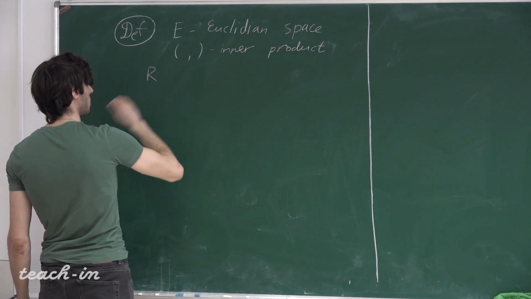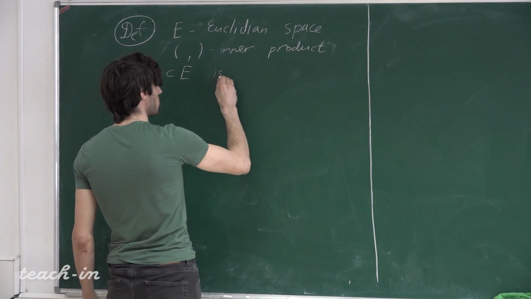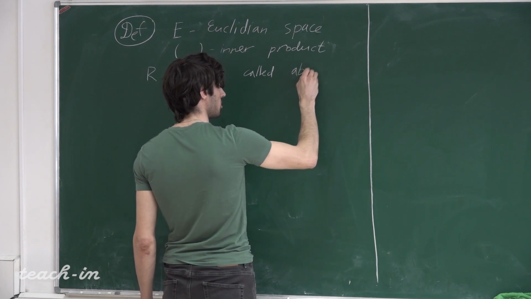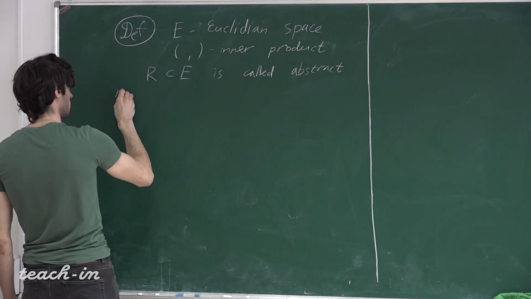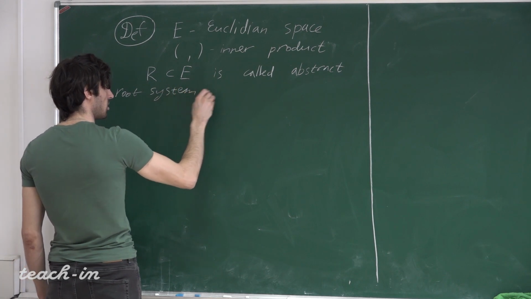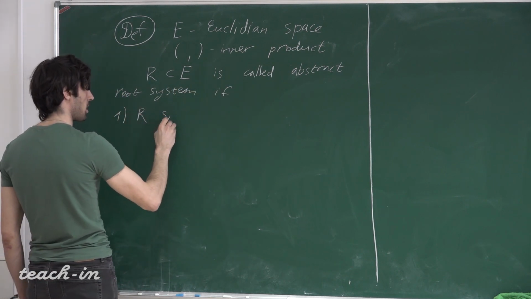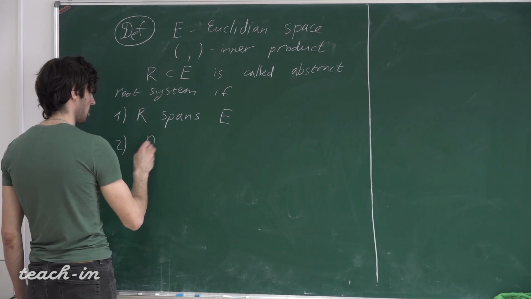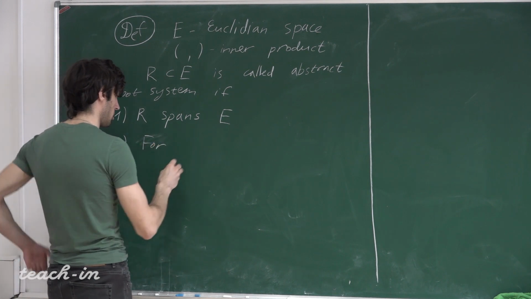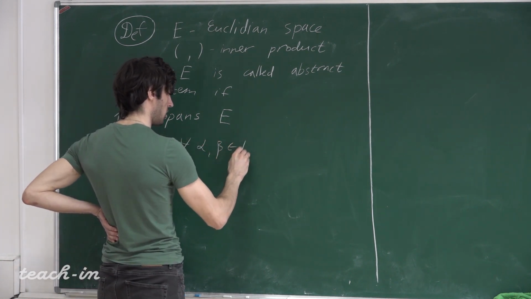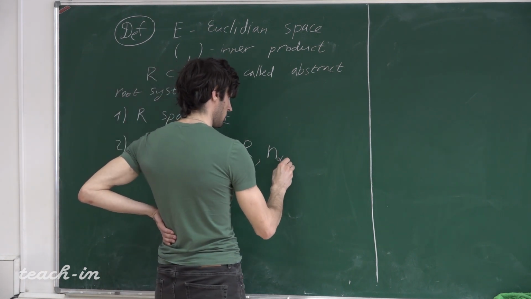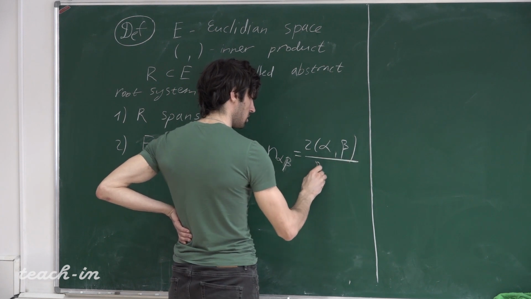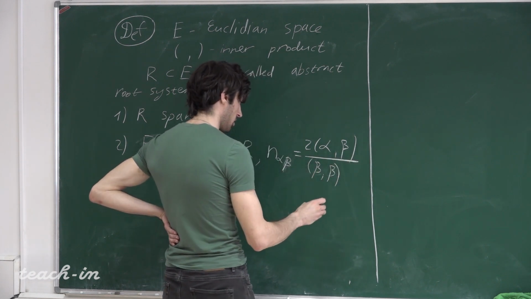Then R, a finite subset of E, is called an abstract root system if, first of all, R spans E, then for every alpha and beta from R, this number n alpha beta, which is 2 (alpha, beta) over (beta, beta), is an integer.